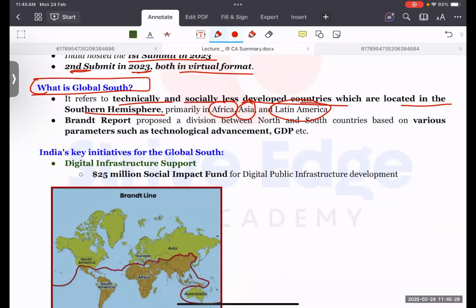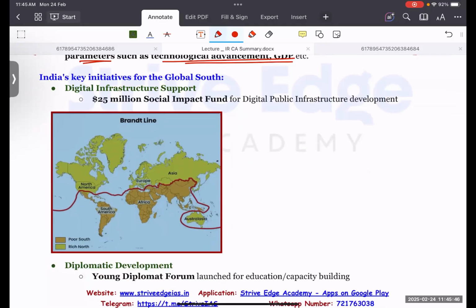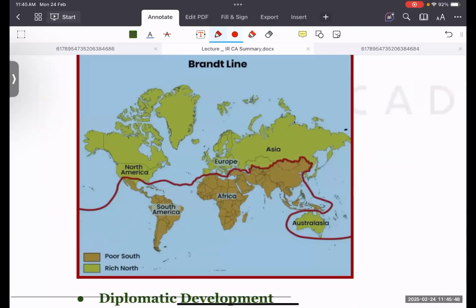Where this word has come from is the Brandt Report. This report was submitted, and it gave a division between the north and south countries, considering various parameters such as technological advancement, GDP and so on. If you can see this line, it is called the Brandt Line.